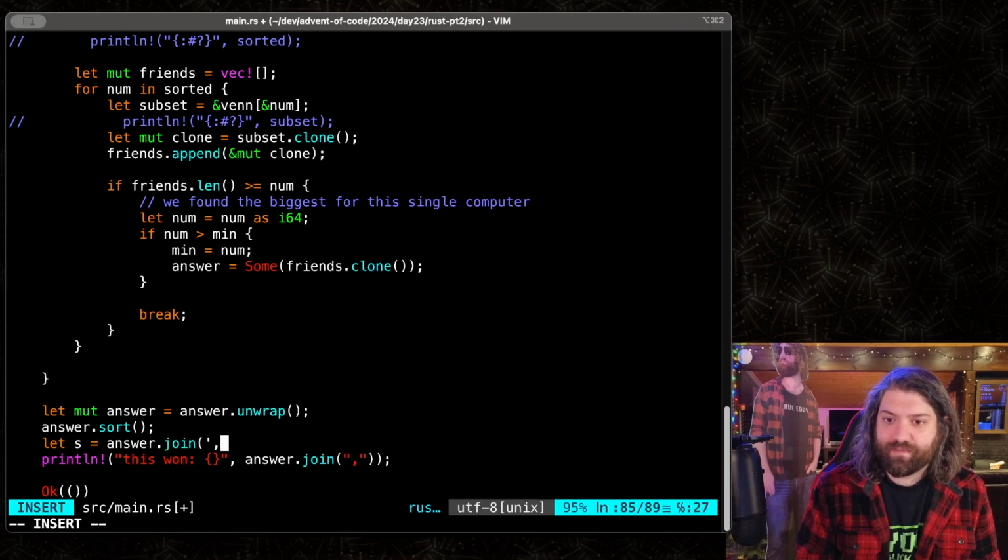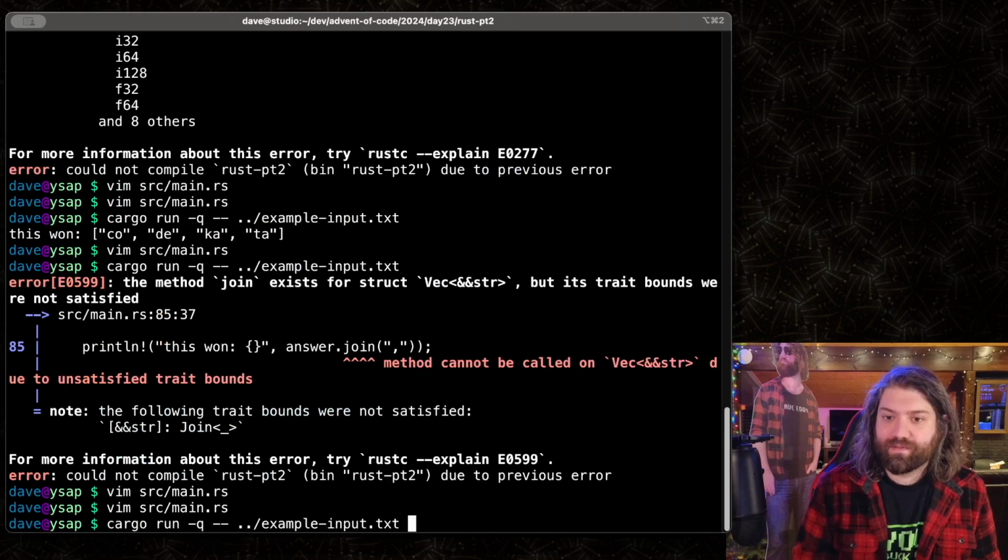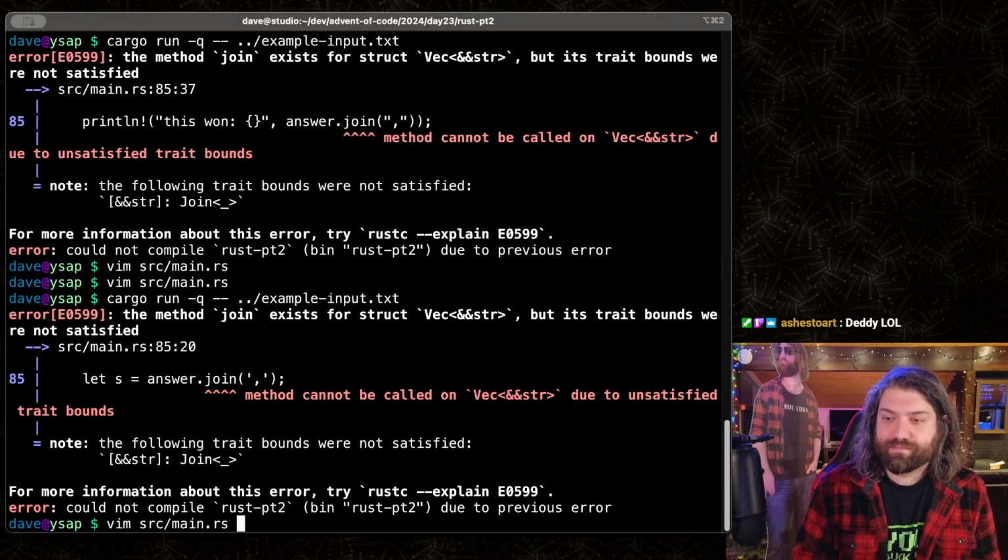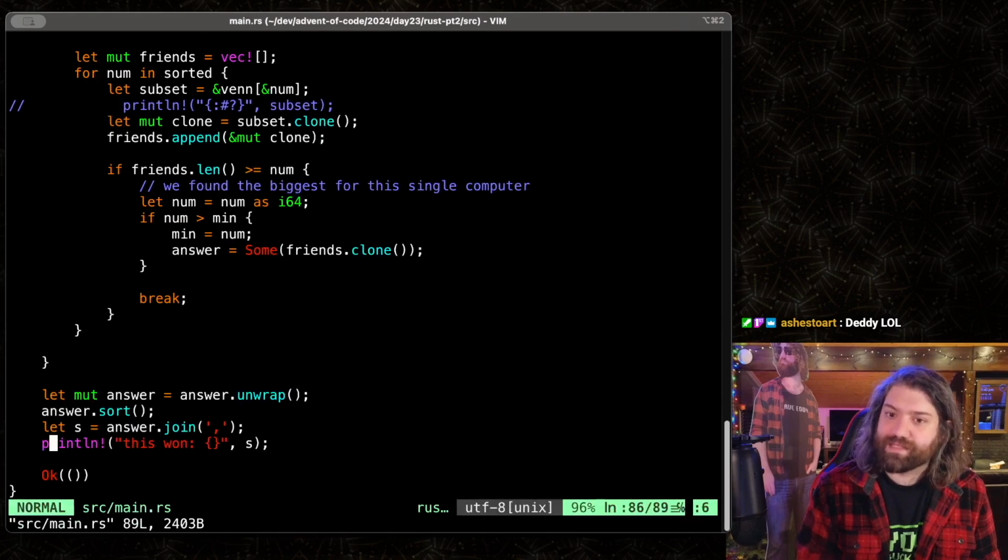Isn't it join? Does it have to be a character literal? That doesn't implement. That's crazy. That doesn't implement this? What am I supposed to do?